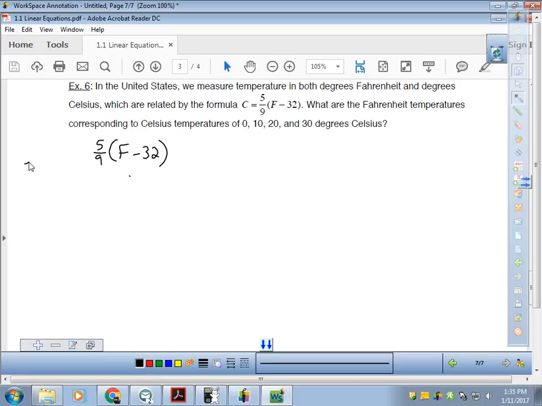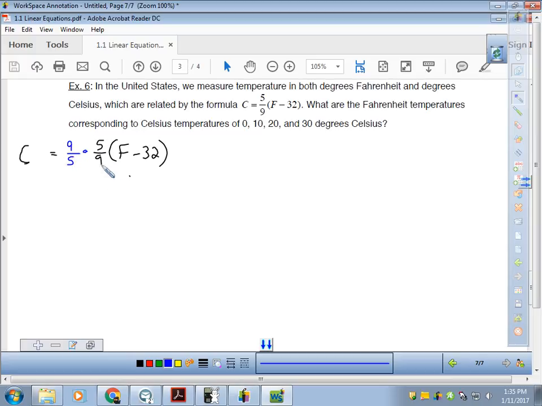I apologize if this gets a little jumpy. Sometimes my tablet does not work the way it's supposed to. So to get rid of this 5/9, what I am going to do is multiply by 9/5, which is the reciprocal of this.